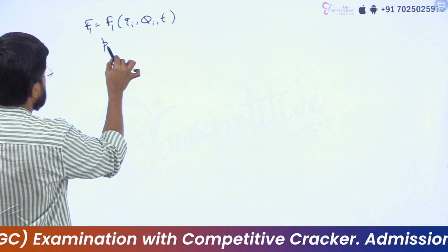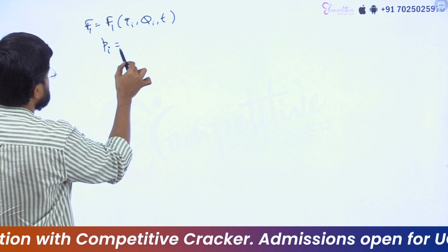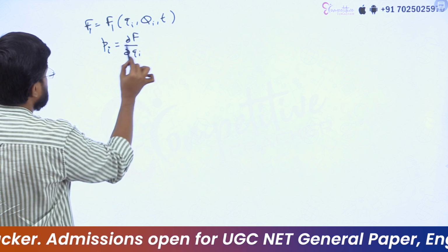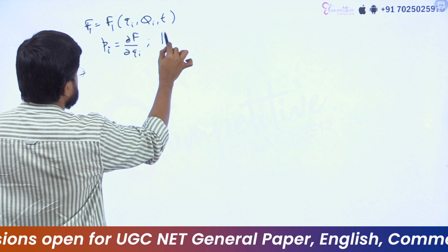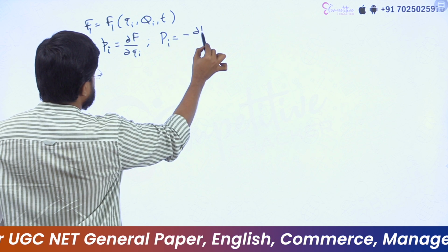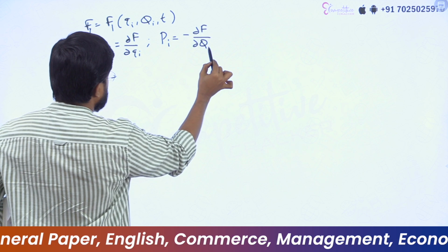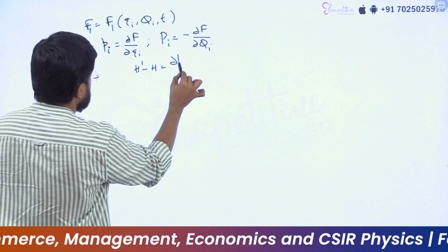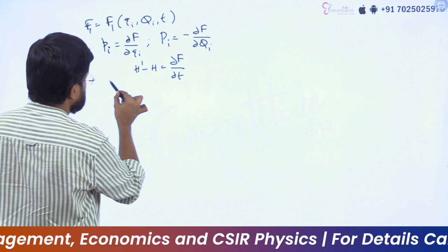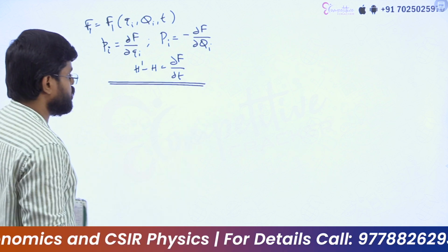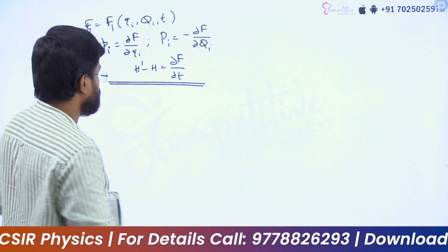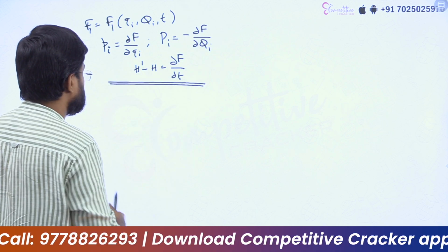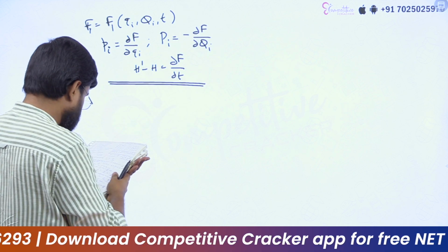So from this, small pi equals dou F by dou small qi, capital Pi equals minus dou F by dou capital Qi, and H prime minus H equals dou F by dou t. Clear? So you have got F1 and the concerned equations of motion.